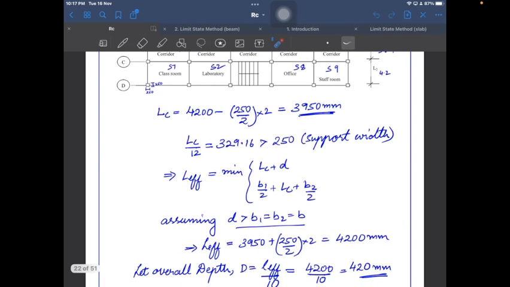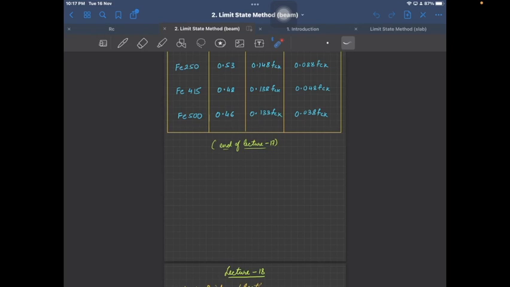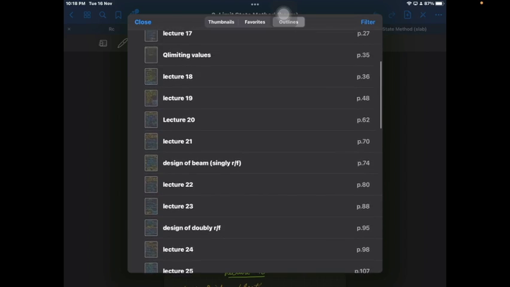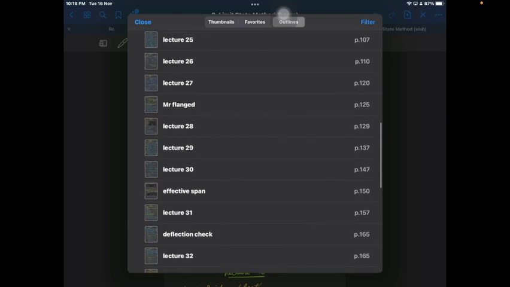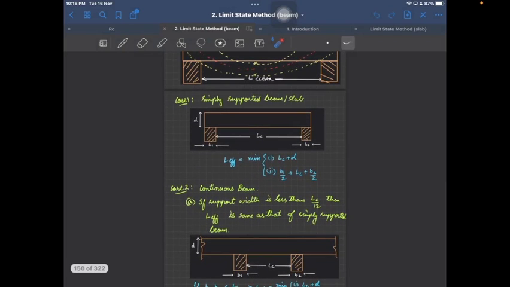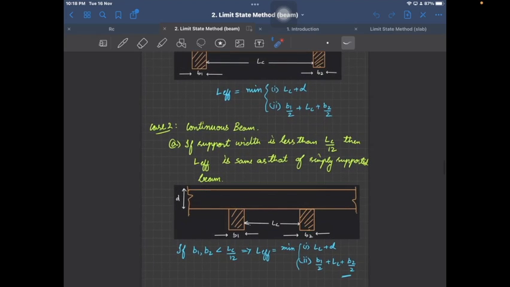Okay, so the next thing we have to do is check Lc by 12. I have told this already while explaining slab, and I will show you again. Effective span. If there is a continuous beam and the support width is less than Lc by 12, then L effective is the same as for simply supported.